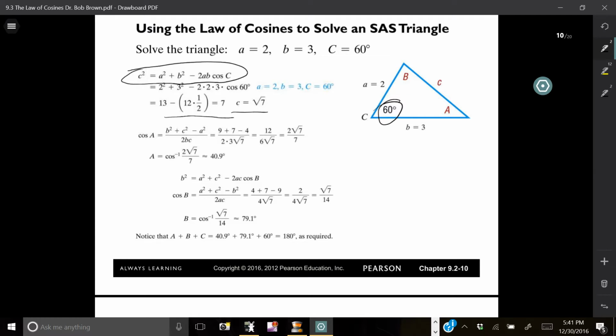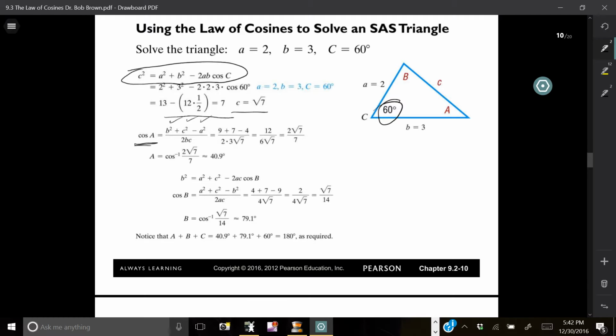Now notice we want to find angles A and B. And so we use the other form that says that cosine of A is b squared plus c squared minus a squared over 2bc.